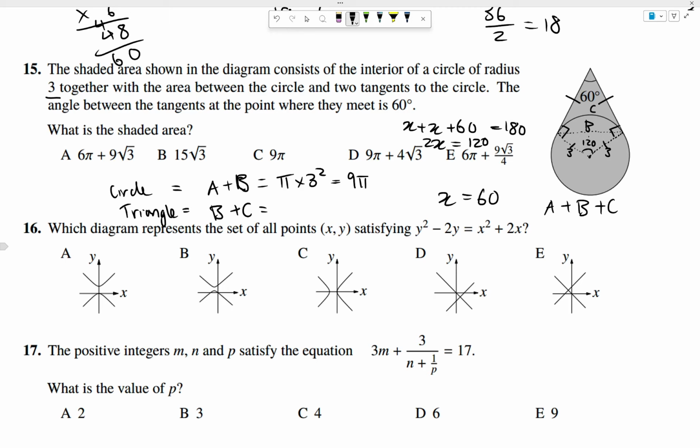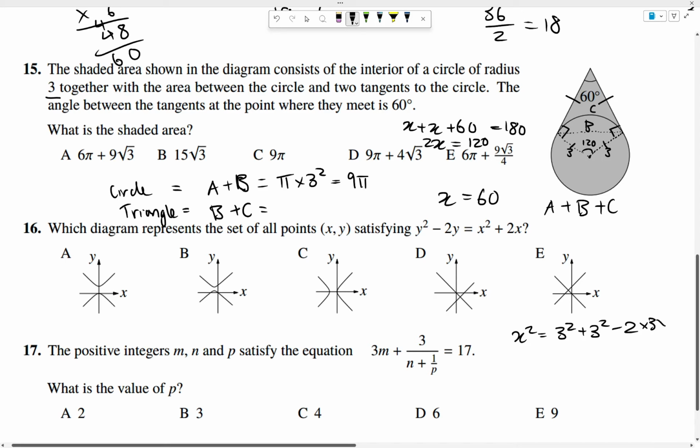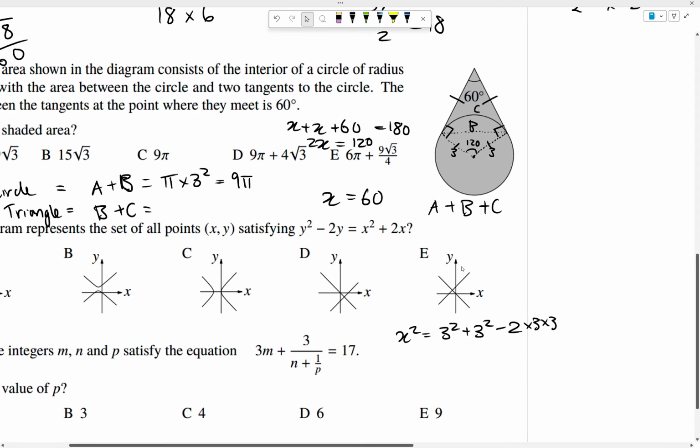Or I think there is a way of breaking down this triangle and then using normal trig, but I'm just going to use the cosine rule. So x squared is 3 squared plus 3 squared minus 2 times 3 times 3 times cos of 120.